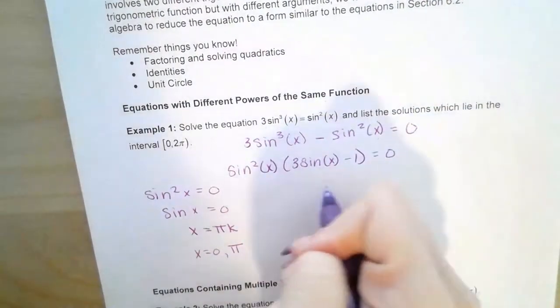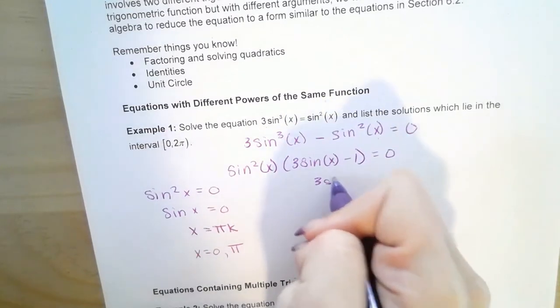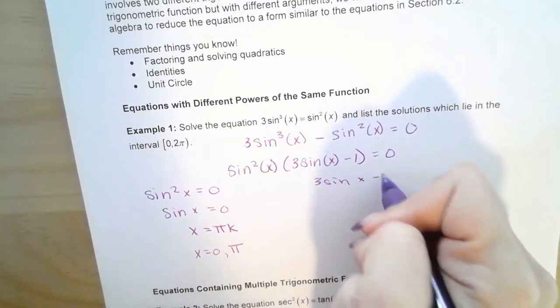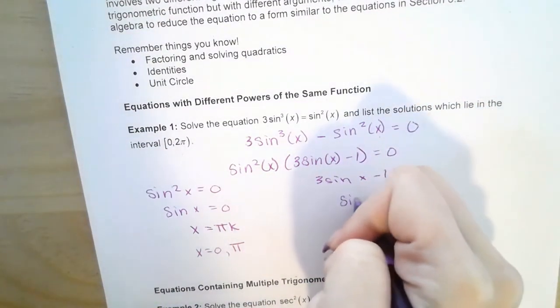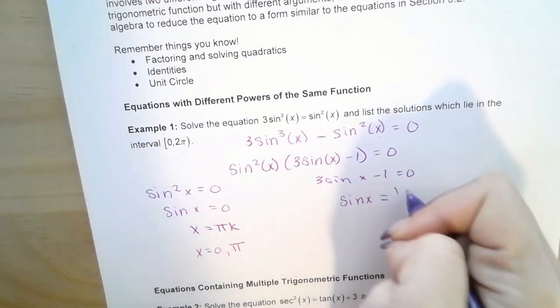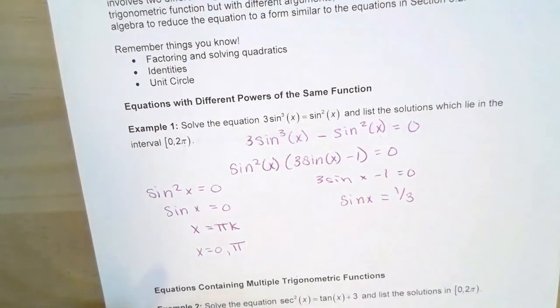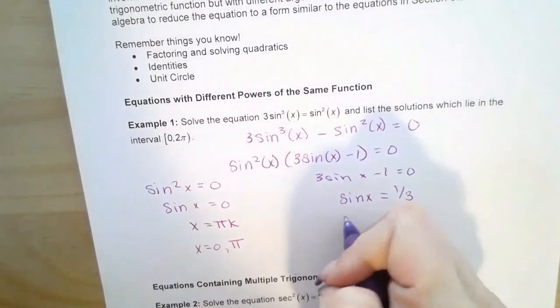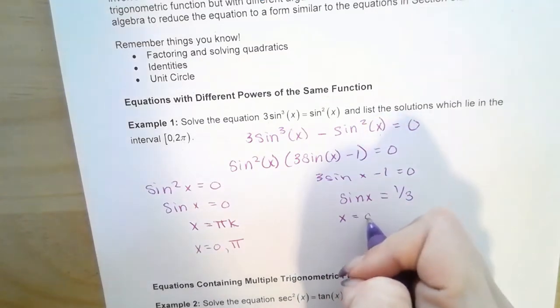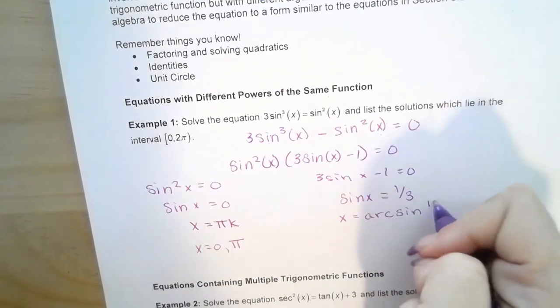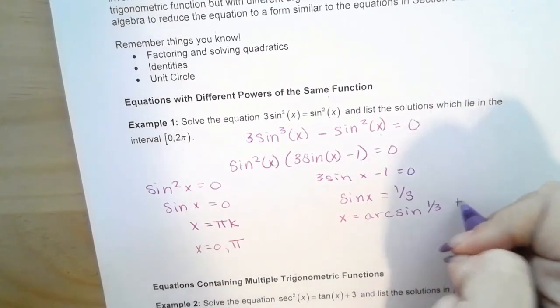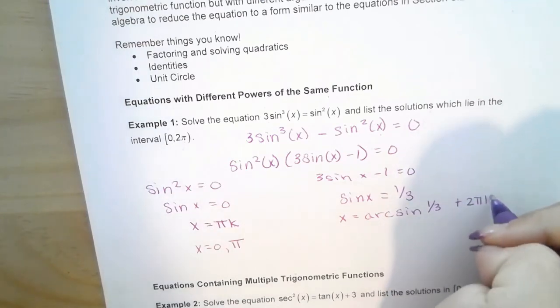Now I need to solve the other side. So I get 3 sine x minus 1 equals 0. When I rearrange this, I end up with sine x equals 1/3. Well, 1/3 is not one of our nice numbers on the unit circle, which means to solve for x, I'm going to have to do the arc sine of 1/3 plus 2 pi k.